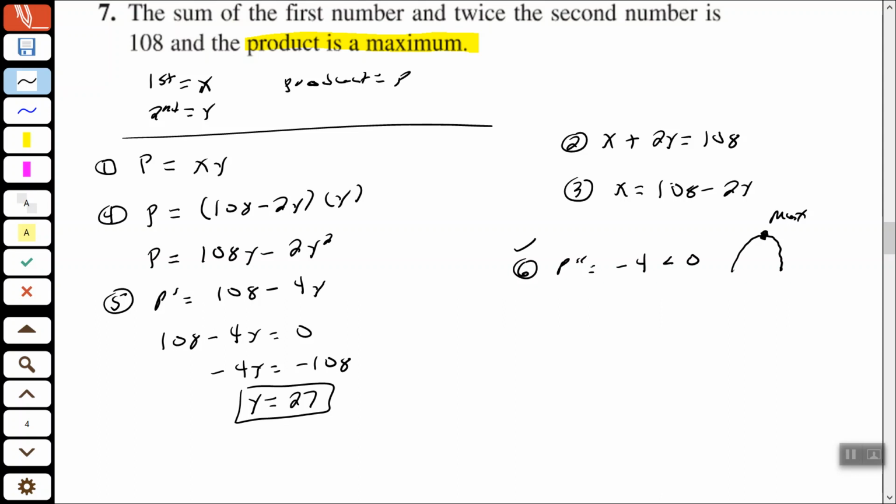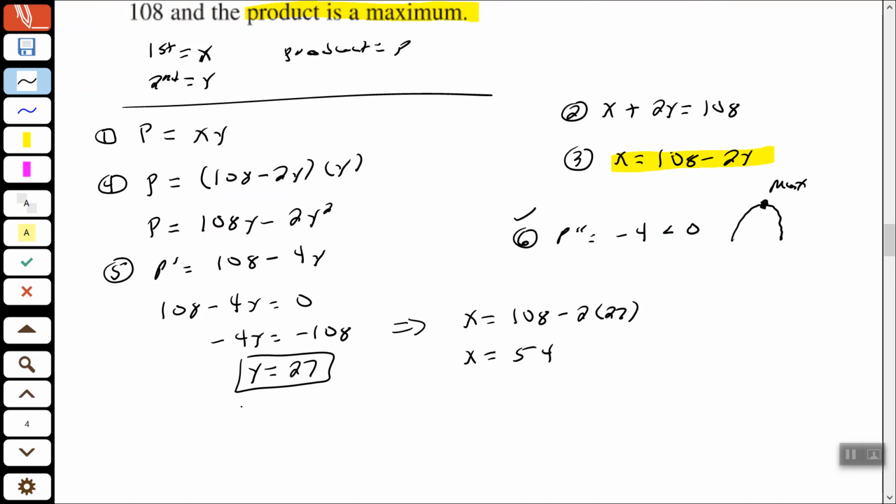Again, we want to use the equation that we found in step 3 to find the value of x. So x equals 108 minus 2 times y, or 2 times 27 in this case. So x equals 54. So the two numbers that fit the conditions in our instructions will be 27 and 54.